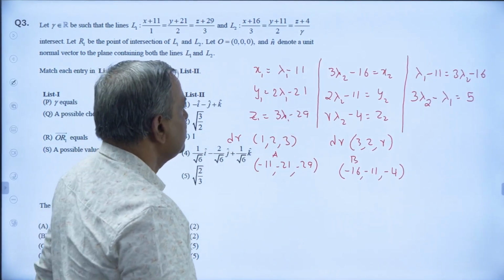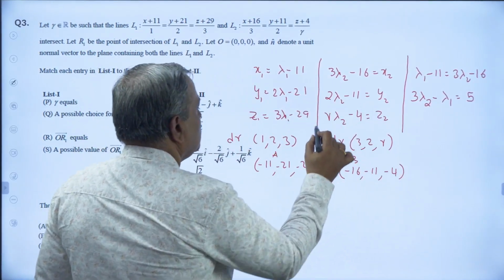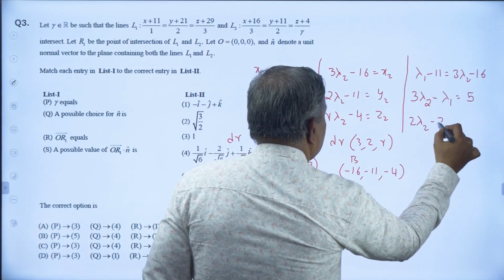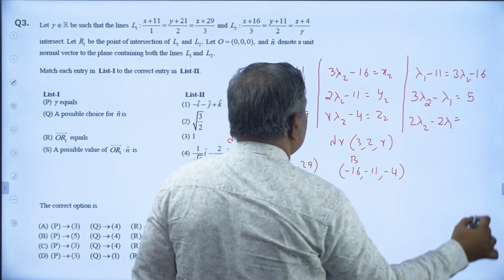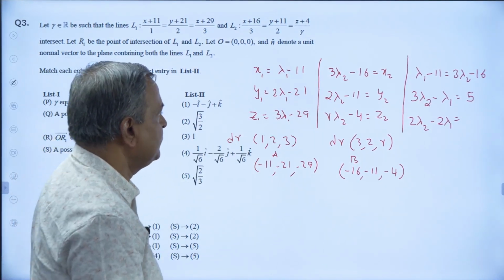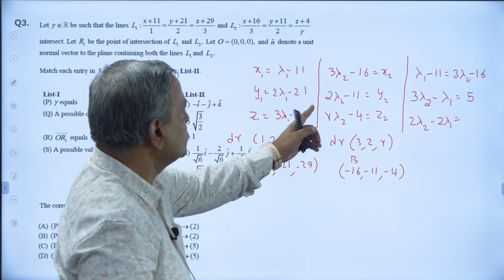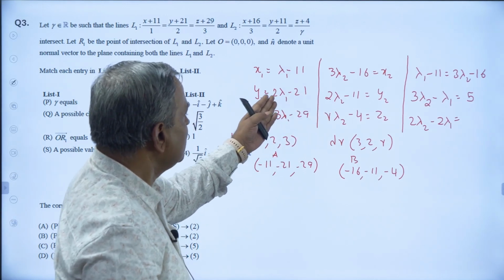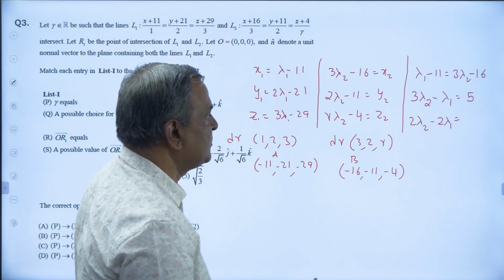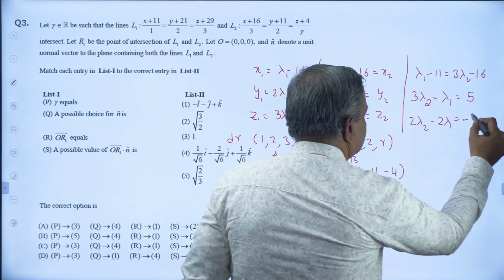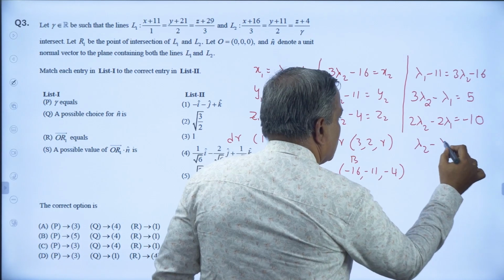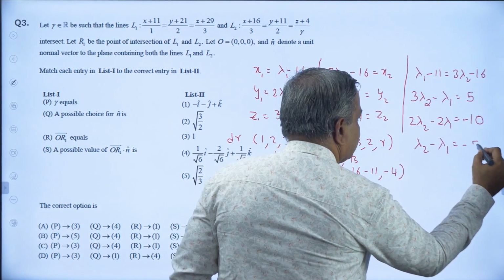Similarly here, when we equate both, 2 lambda 2 minus 2 lambda 1 is equal to, you get how much? This is 21, we'll get 10. This will give you 2 lambda 2 is equal to 2 lambda 1, and 11 will go that side. You get minus 10, or lambda 2 minus lambda 1 is equal to minus 5.